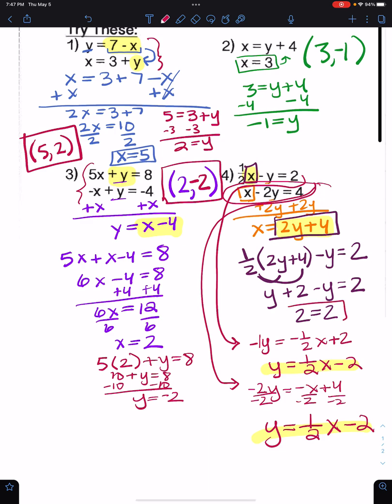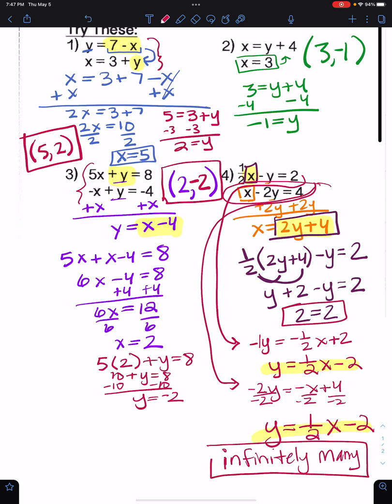Once you get that the variables disappear and the statement that's left is true, we know it's all real numbers or infinitely many solutions. Now, if your variables disappear and you're left with a false statement, there's no solution. Those lines would be parallel.